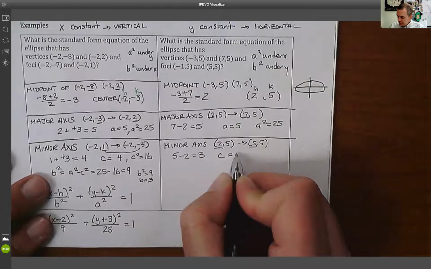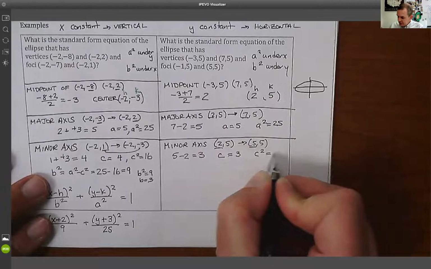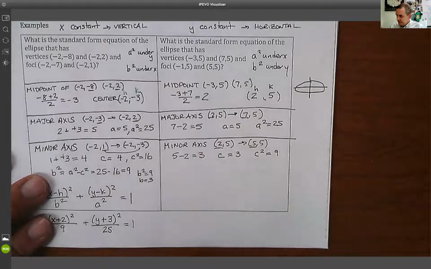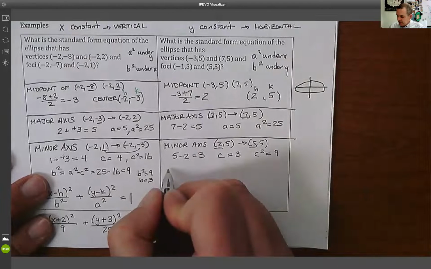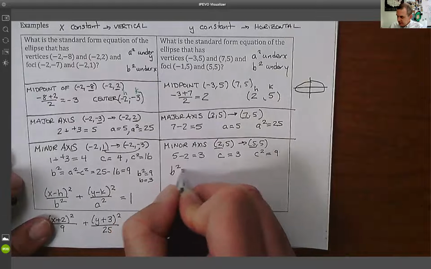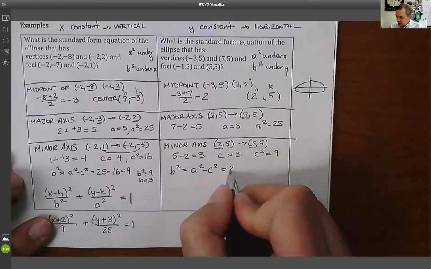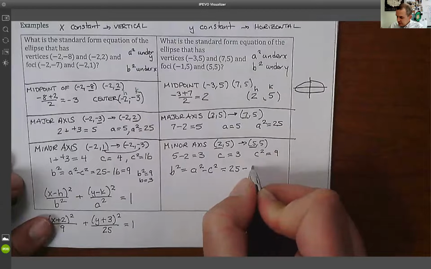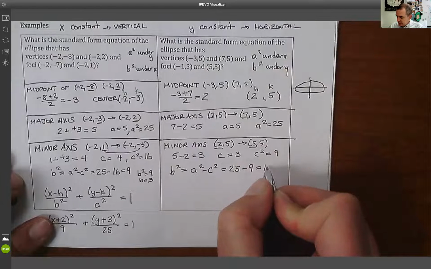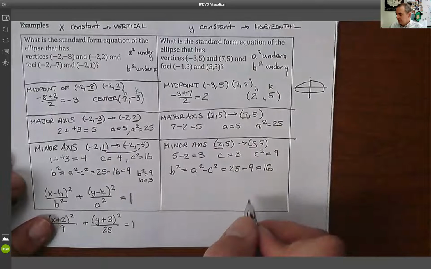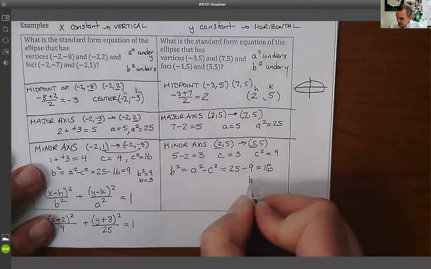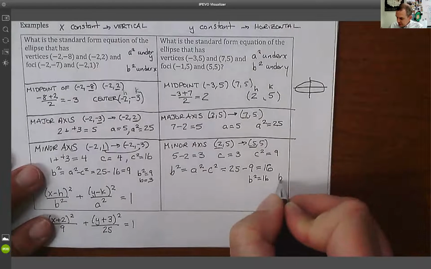So my c is 3, which tells me my c squared is 9. And using the formula, b squared equals a squared minus c squared. A squared is 25, c squared is 9. That tells me that b squared is 16. So I now know that b squared is 16, which then tells me b equals 4.